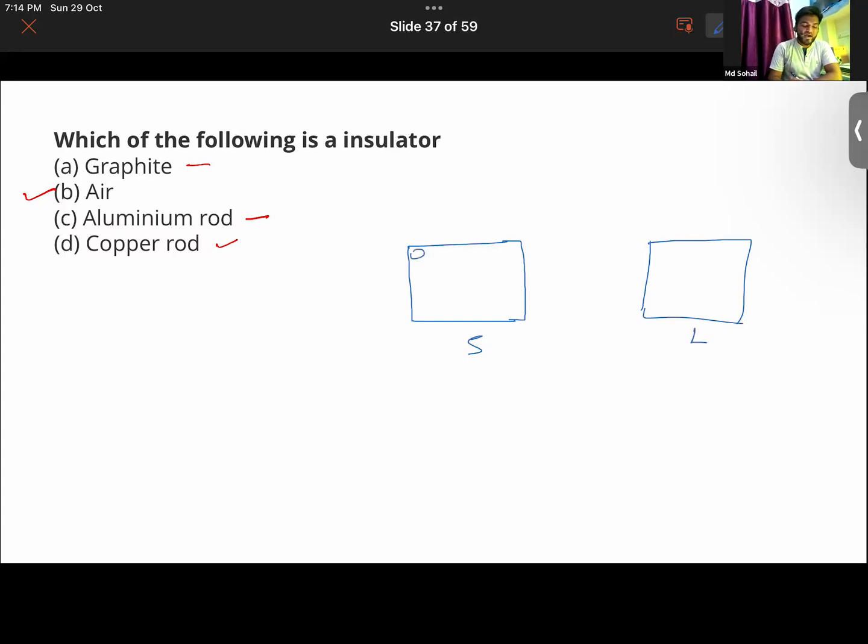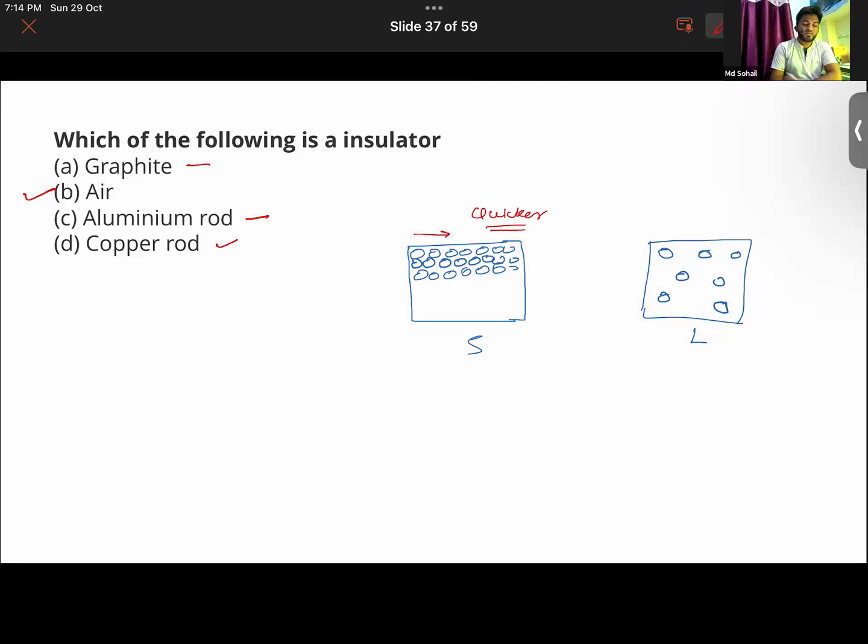In a solid, the atoms are closer to each other, while in a liquid, atoms are not that close. They are at some distance from each other. Okay, so look over here. Since the atoms in a solid are in close contact with each other, the transfer of heat will take place quicker.